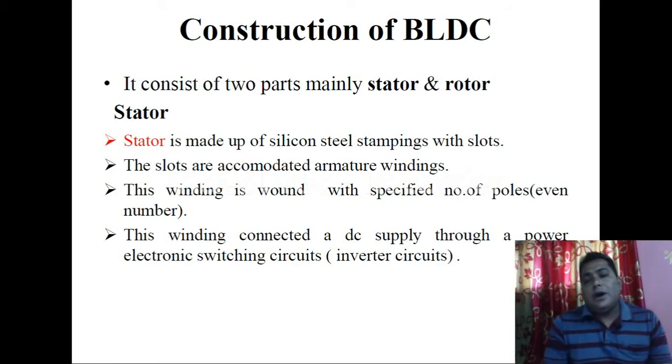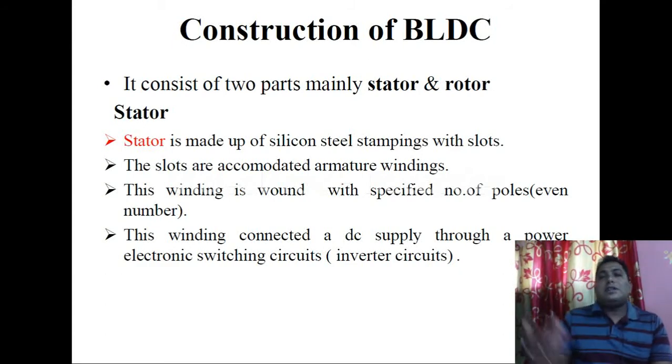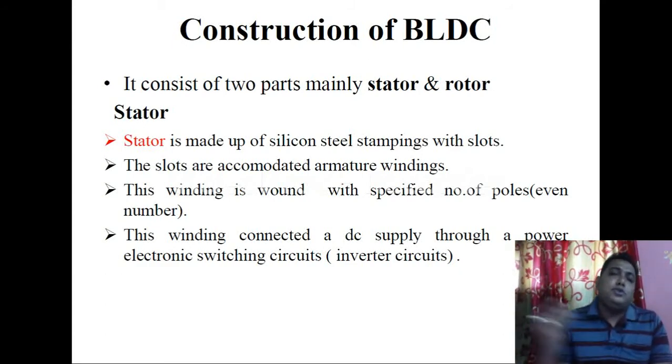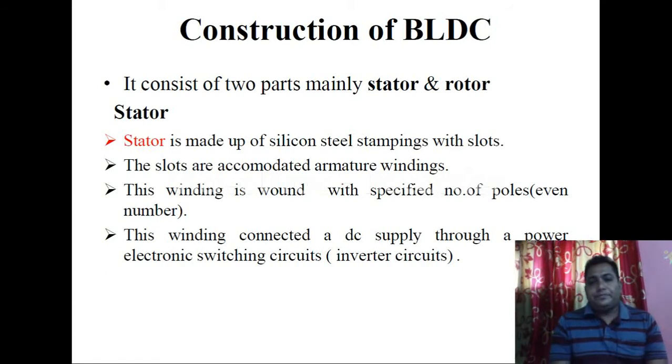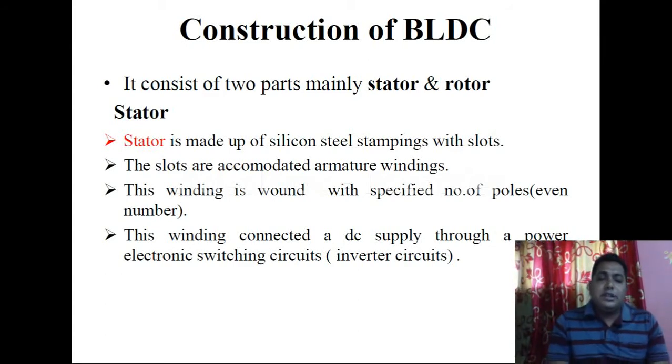In the stator section we have some slots, and those slots are actually the poles. Over those poles we have the field winding. And we know that we have to consider an even number of poles, otherwise no magnetic field will be generated.